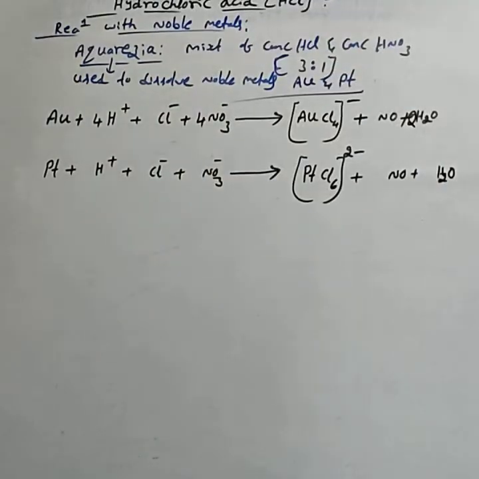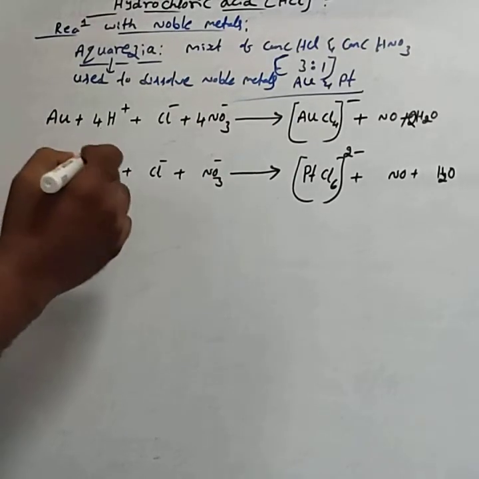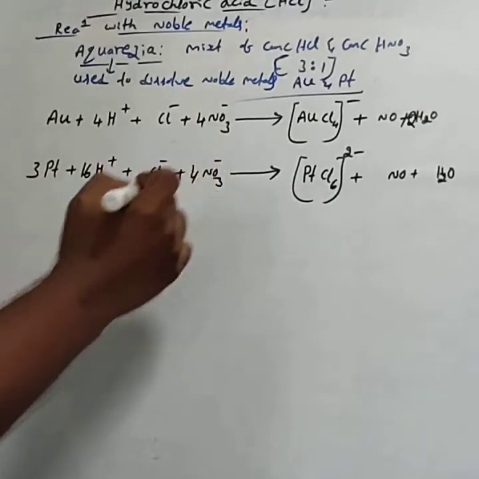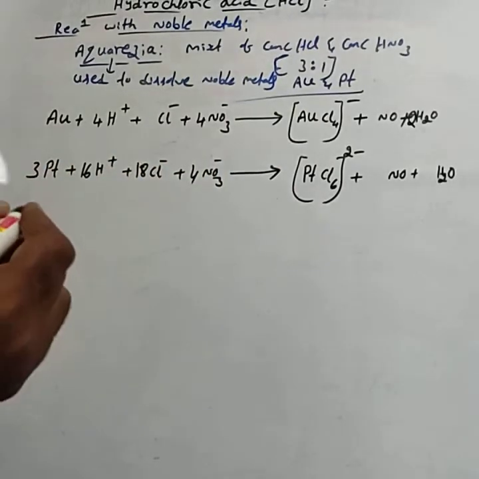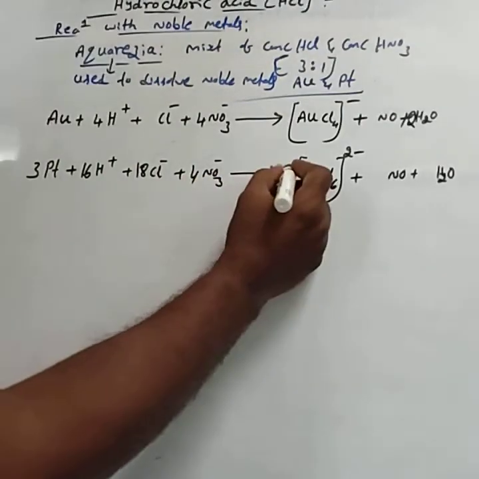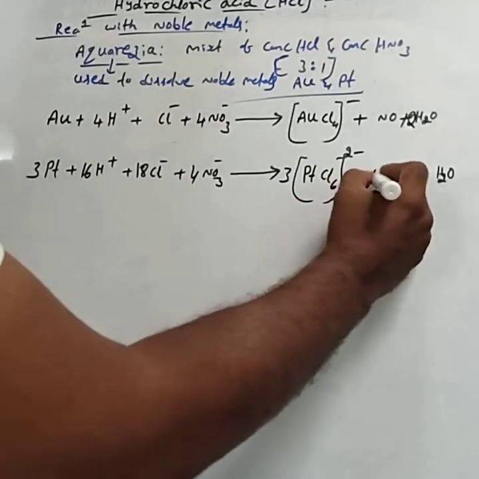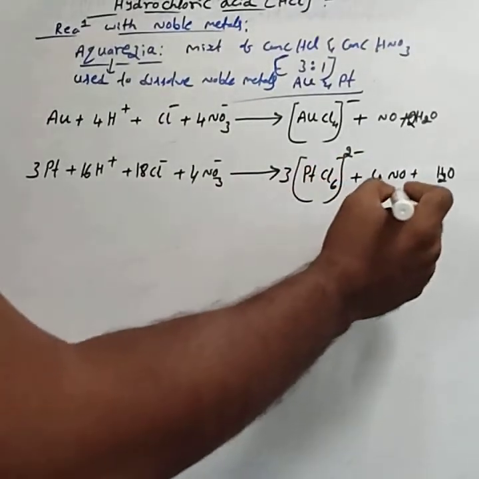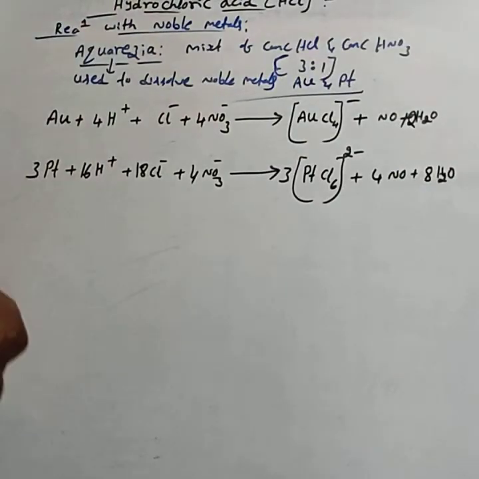To balance this reaction: 3Pt, 16H plus, 4NO3 minus and 18Cl minus. Without balancing, we will not get the marks. You must balance the reaction. 3PtCl6 2 minus, 4NO and 8H2O. This is about the reaction with noble metals.